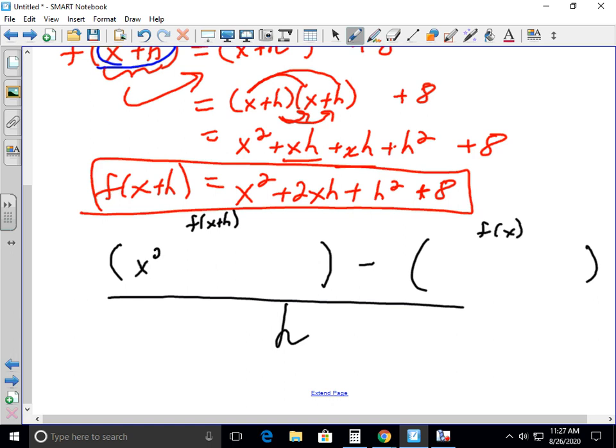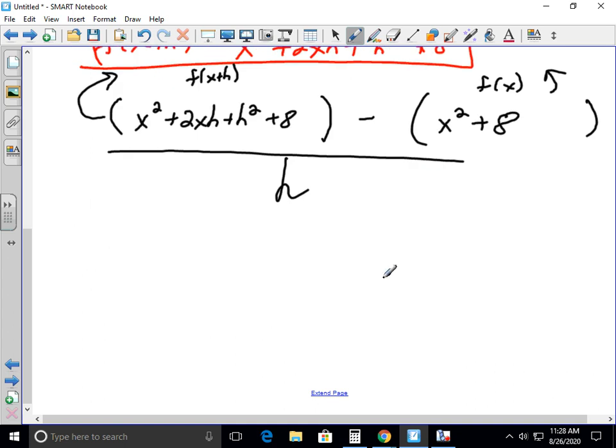So this is x squared plus 2xh plus h squared plus h, and this is x squared plus 8. This came from there, and this came from the definition of f.